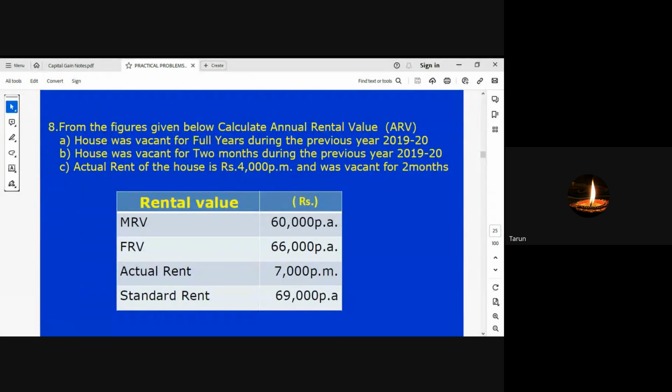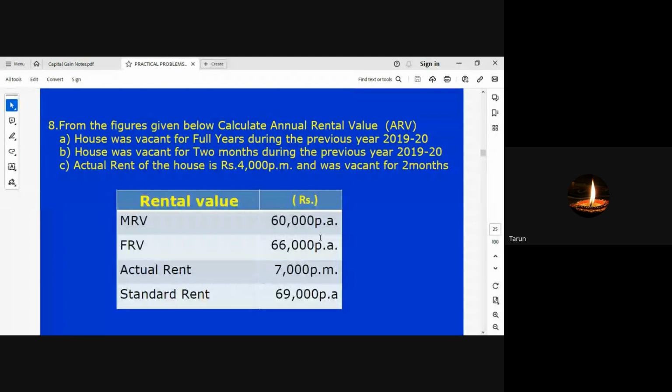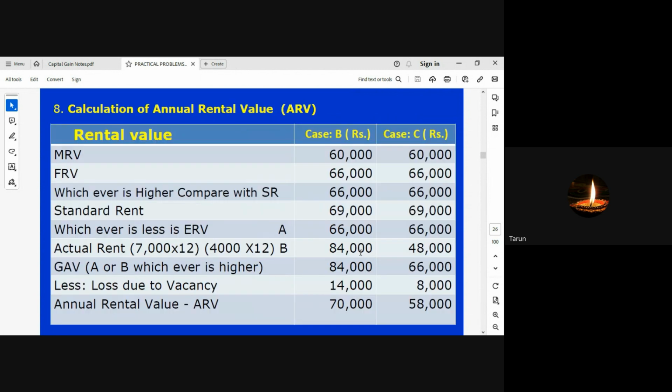Now we have to estimate the gross annual value in case B and case C.